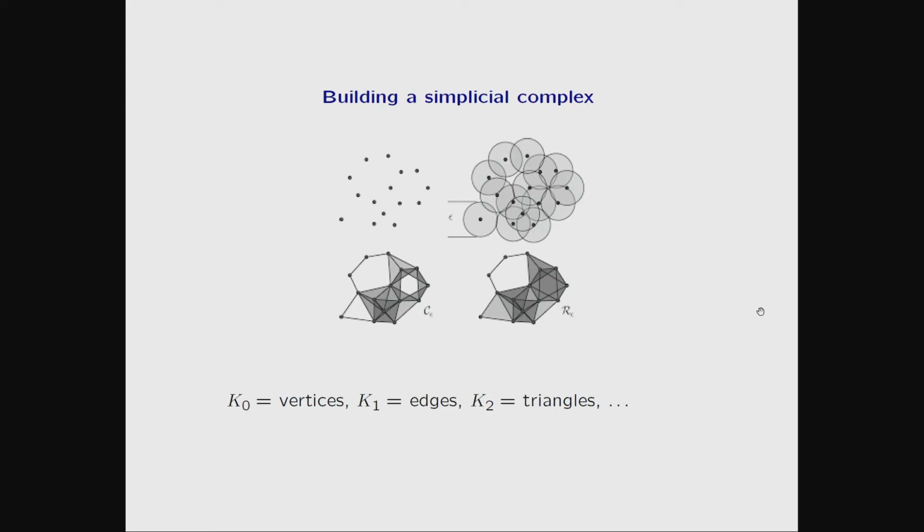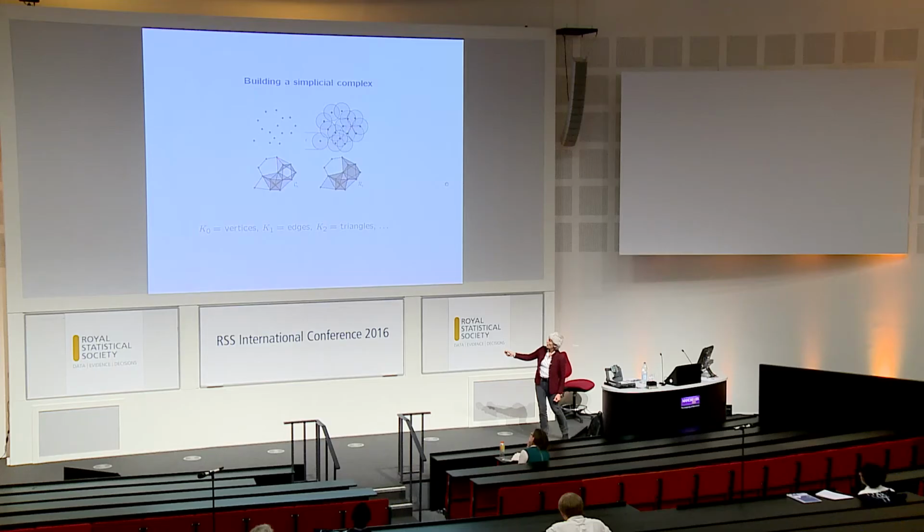This one here is the so-called Čech complex. Whenever 2 points are within epsilon reach and their balls intersect, I put an edge. On the other hand, if I have actually 3 of them intersecting at the same time, then I put not just the edges, but also a triangle.